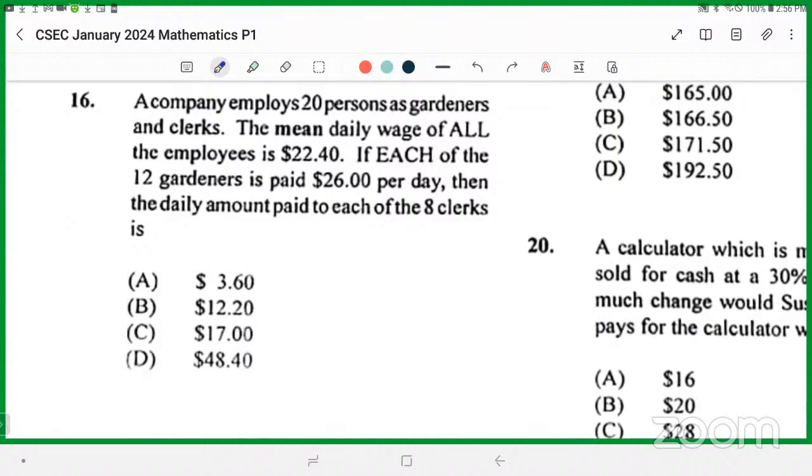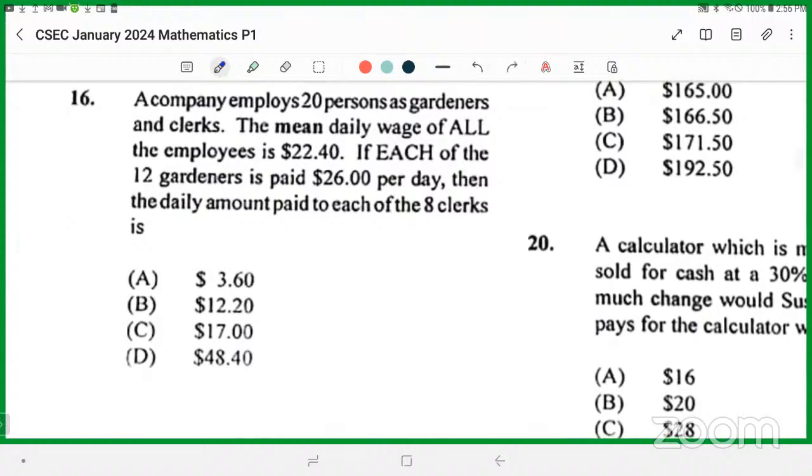It says if each gardener is paid 26, they're telling you how much each gardener gets. So the total paid to the gardeners is 12 times that. Then the daily amount paid to each clerk is what? You want to know how much the clerks get.